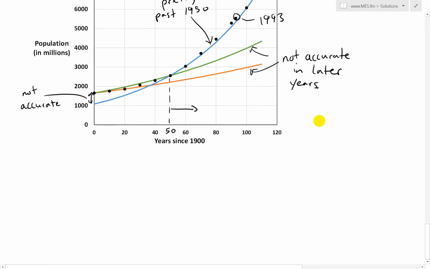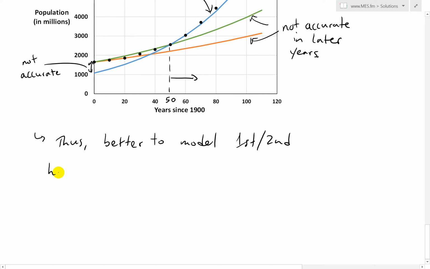So I'll write that right here. Thus, better to model first and second half of 20th century separately. And let's underline that.